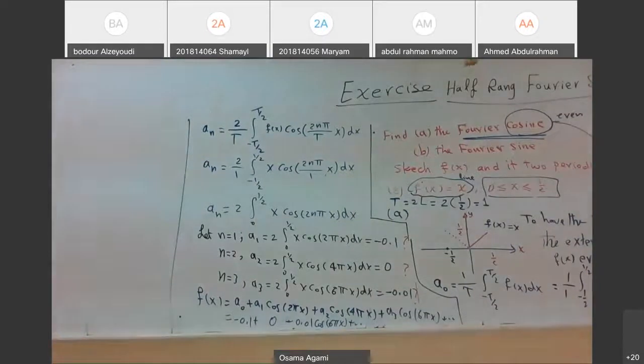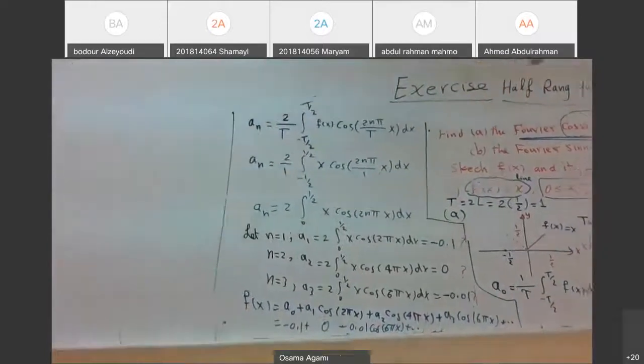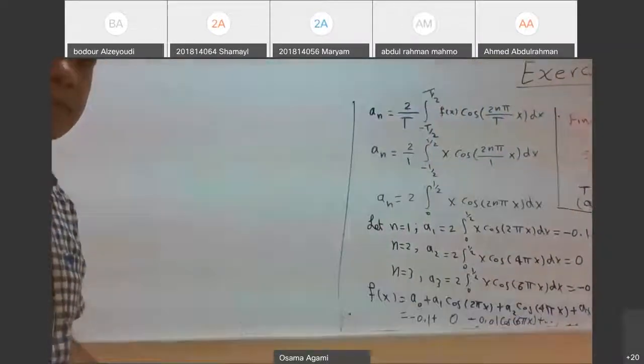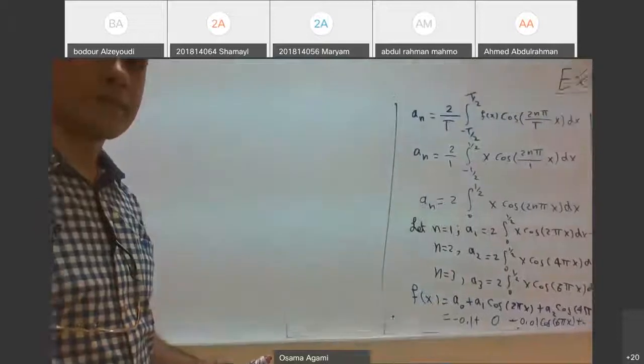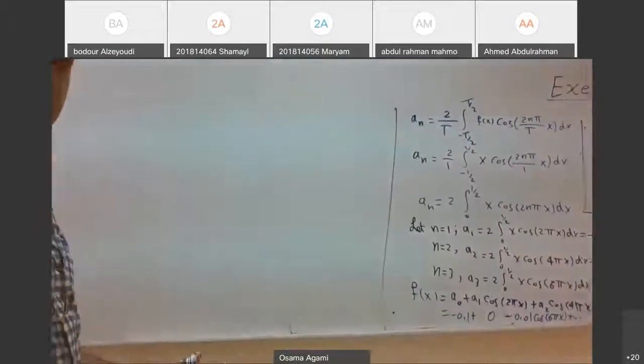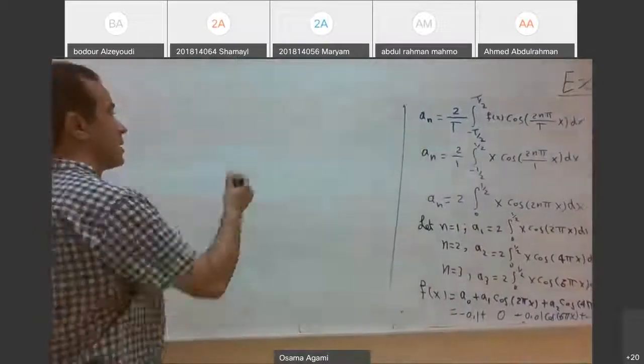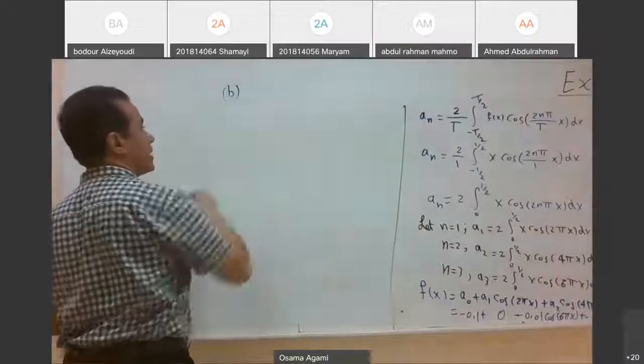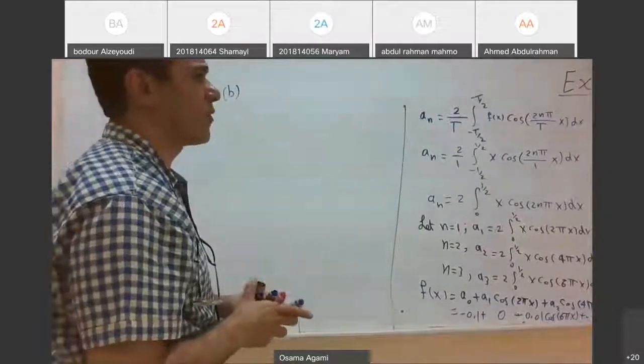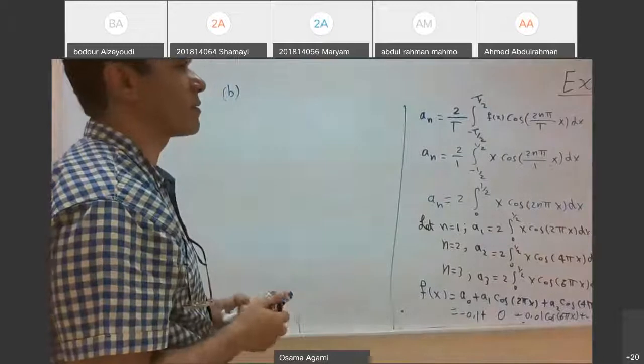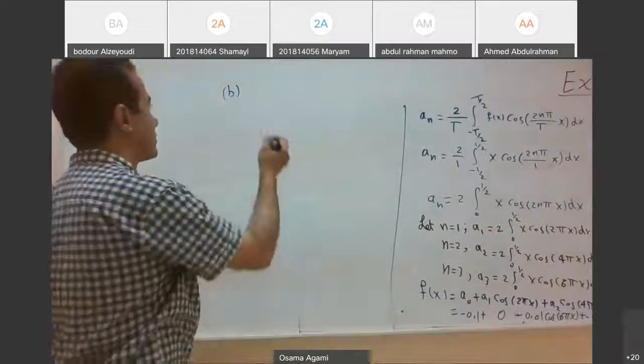Let's go for section B. Section B is asking you for Fourier sine, right?